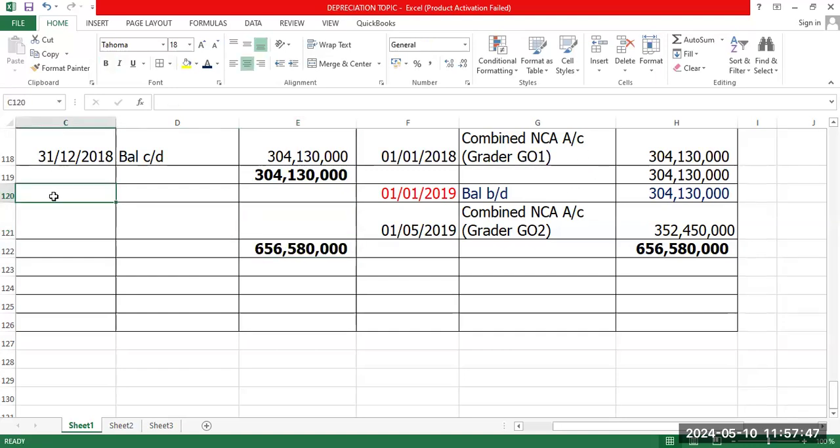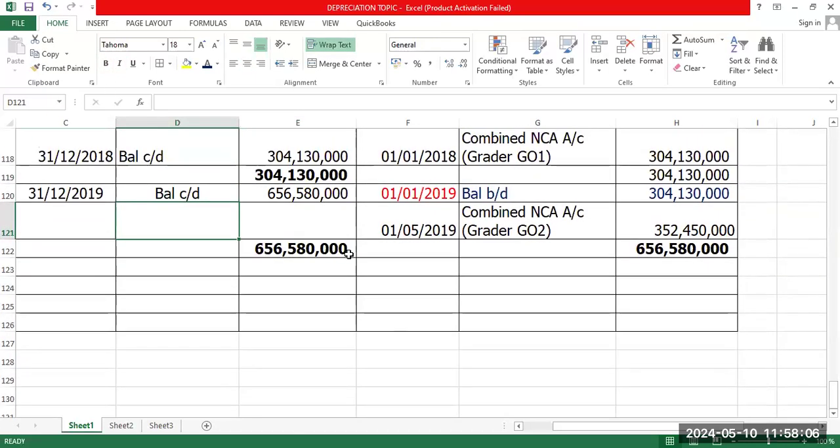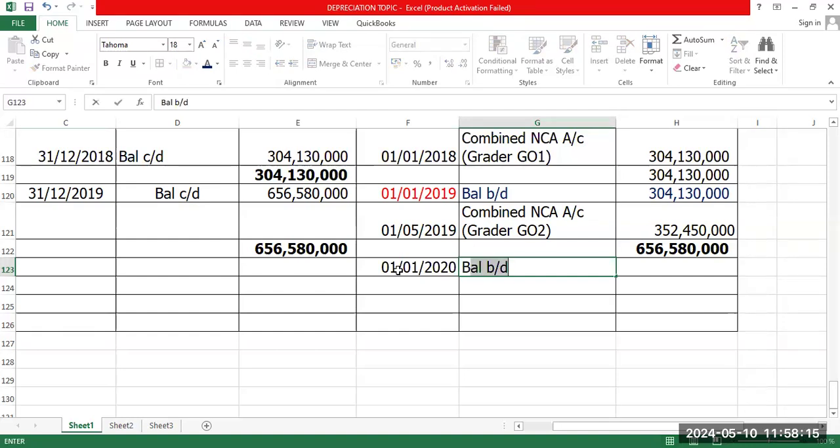So in this year, by 31st December 2019, you're closing with a balance carried down of how much? It is actually this. Then in 2020, first January 2020, what is the balance brought down? You copy this.